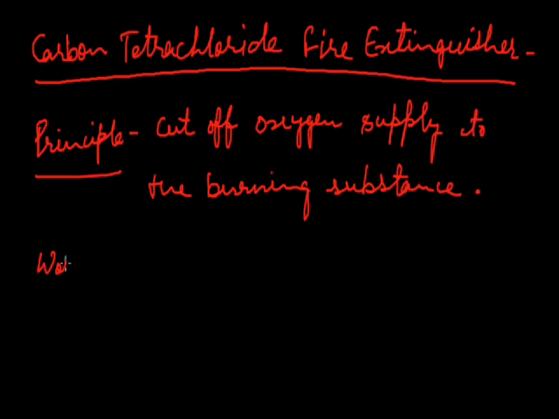Now if we talk about its working, CCl4, carbon tetrachloride, is pumped out from the extinguisher. As it comes in contact with burning material, it vaporizes. Since its vapors are heavier than air, they settle down on the burning material, cut off oxygen supply, and fire gets extinguished.